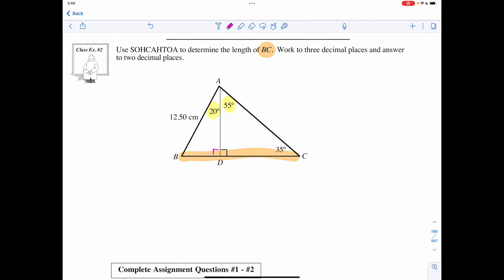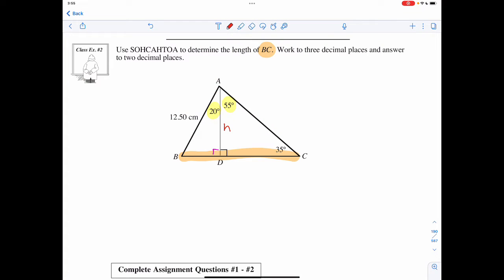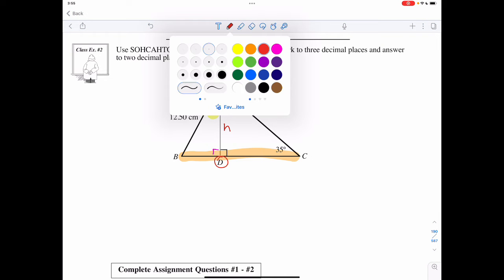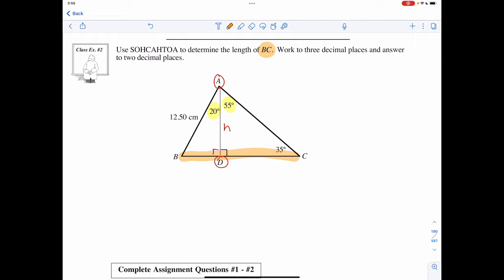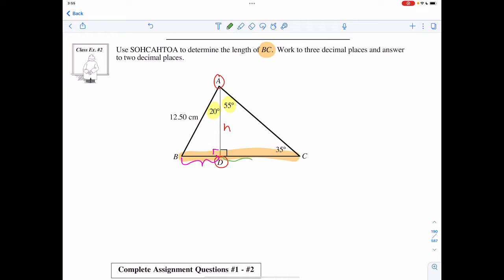How do we do that from this non-right angle triangle? We created an altitude, which we call height here, by taking the point of A, drawing it straight down perpendicular to BC, and then creating a new point that doesn't exist in the original triangle, D. From there, I'm going to state that I have two separate parts that exist here and that exist here that are side lengths of the right angle triangles.